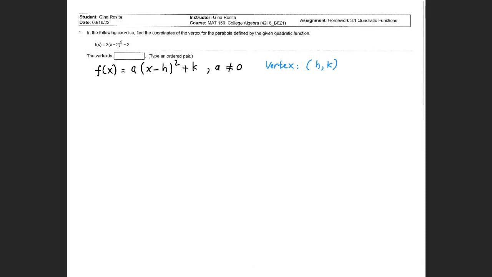So now I will write the problem: f(x) = (x - 2)^2 - 2. You can see this is the same form as over here.